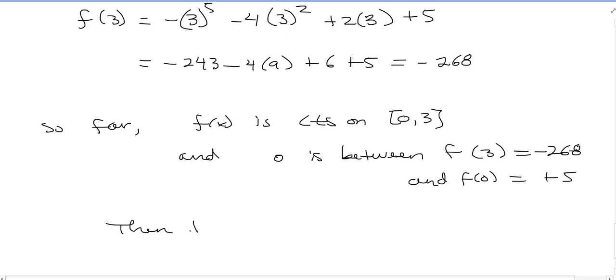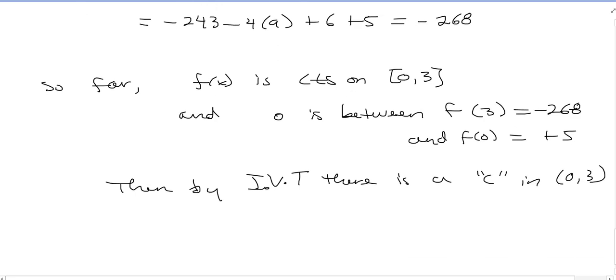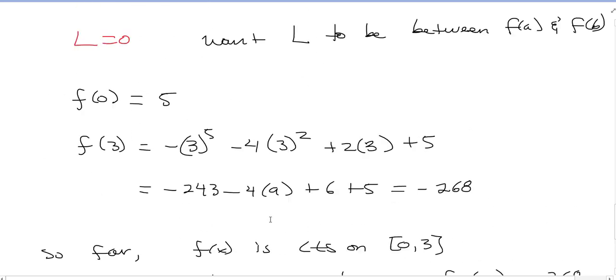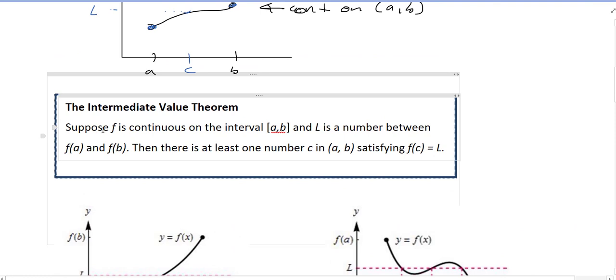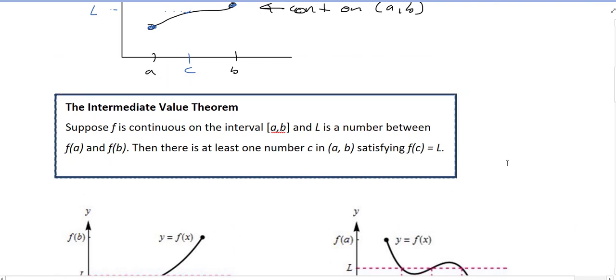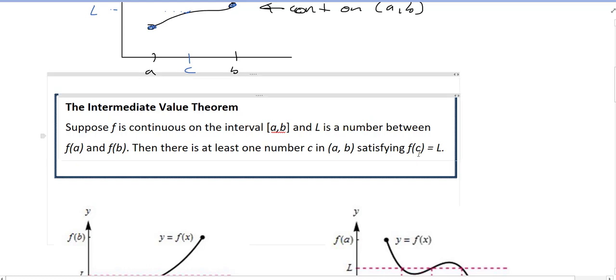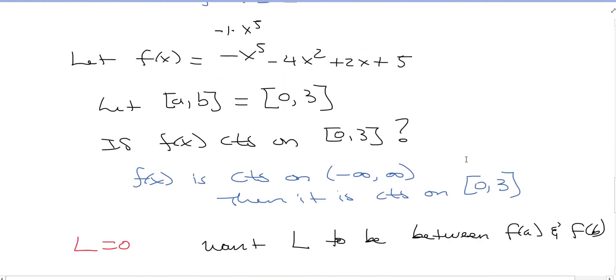Therefore, by the intermediate value theorem, there is a c in the open interval 0, 3 such that f of c is equal to 0, or L is 0. That's what the intermediate value theorem says. If f is continuous on a closed interval and L is a number between f of a and f of b, then there's at least one number c in that interval such that f of c is equal to L. So that's what we just found.